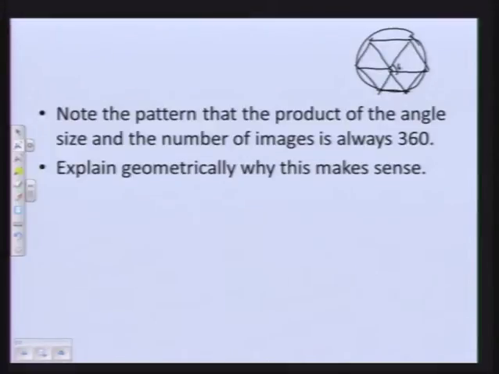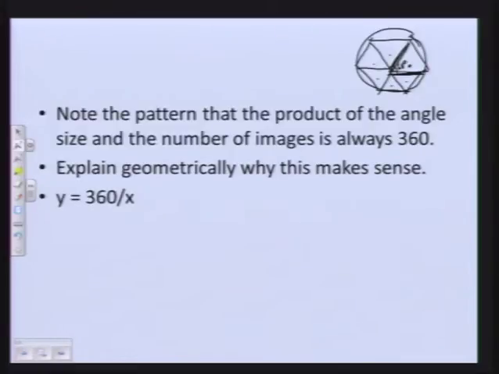So each of these would be 60 degrees. And if I had an object in here, and this were the mirror right here, the hinged mirror, I would be seeing an image in each one of those congruent triangles that make up that hexagon. So it's interesting to see the connection between the geometry and the algebraic relationship between the numbers.